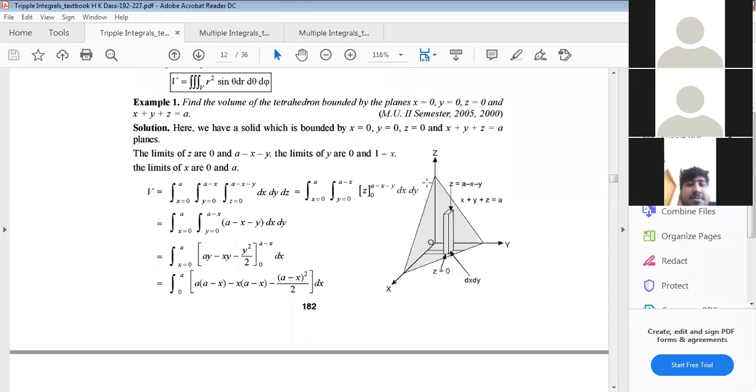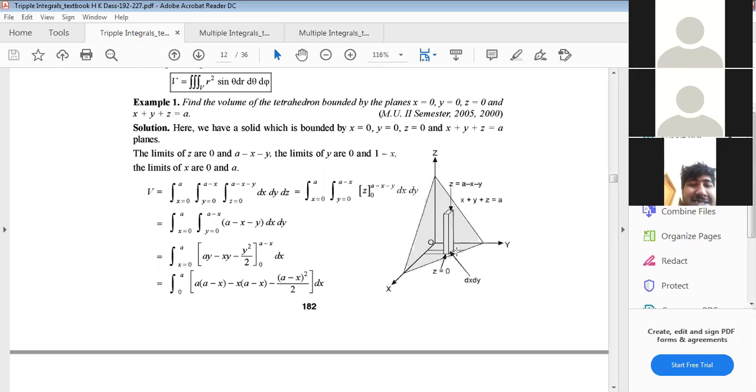This is the xz plane, y equals 0, and this is the yz plane, that means x equals 0. There are three planes, and another plane, x plus y plus z equals a.